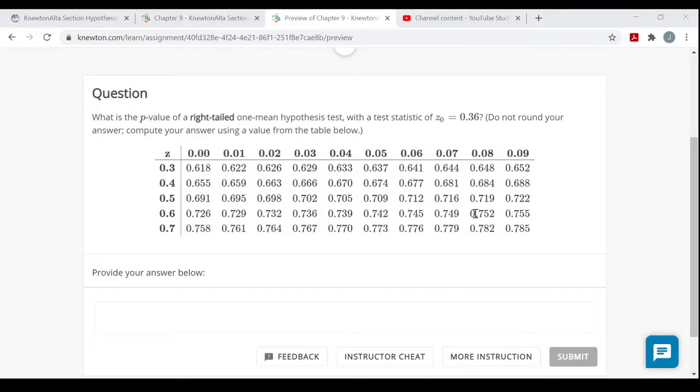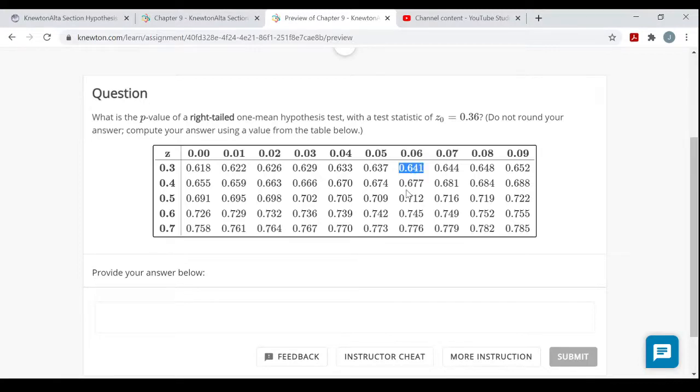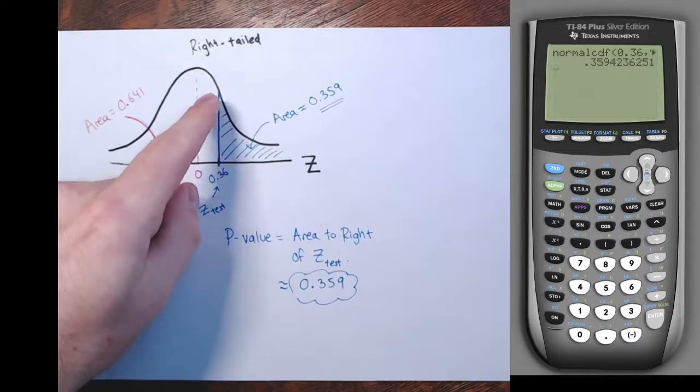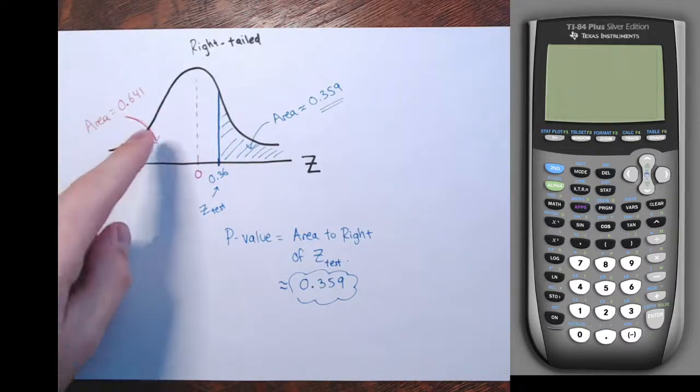When we look at these z-score tables, remember the numbers given to us are areas to the left of that z-score. So when I look up my test statistic, z equals 0.36, I go to the 0.3 row, and then the 7th column. See how the number 0.641 shows up? This is the area to the left, 0.641, of my test statistic.